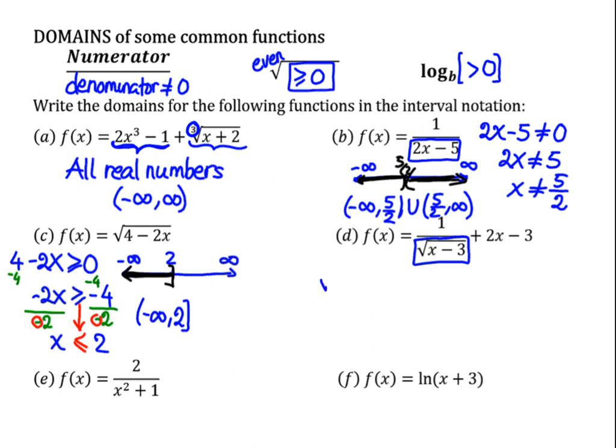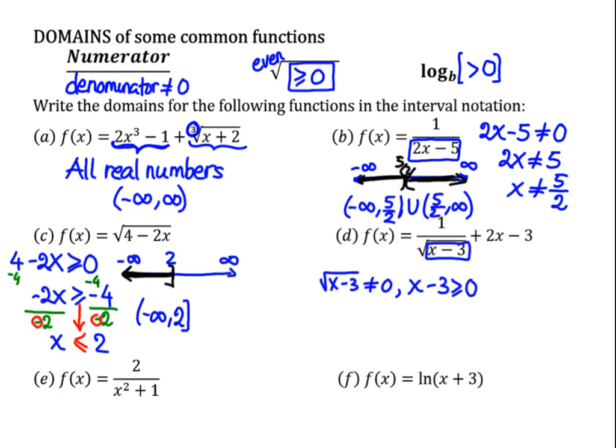First, the denominator not equal to 0. Next, inside the square root has to be greater than or equal to 0. Both of them have to be true.